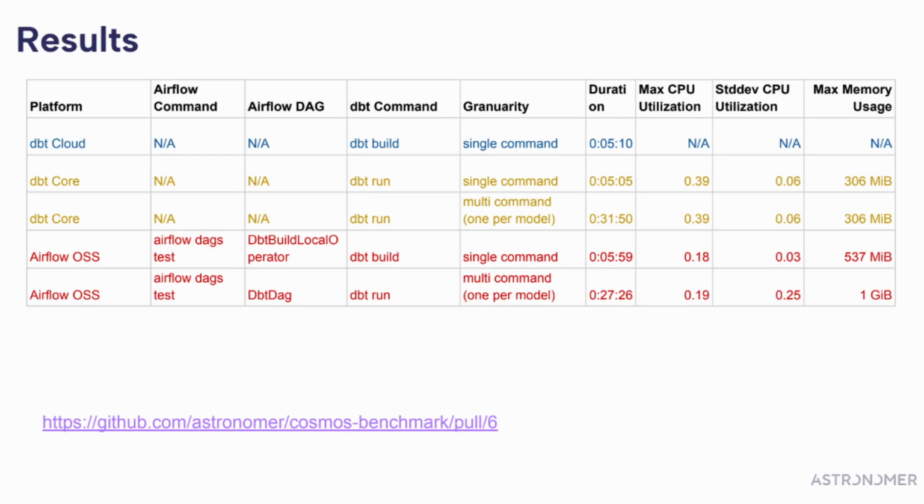So we said, okay, but let's see how things are within Airflow. The first attempt was to use this Airflow DAGs test command. We used 2 strategies. One of them was to use a single Cosmos operator to run the whole dbt pipeline, similar to running dbt build. The other one was to use the Cosmos standard way, where you break one dbt model per task.